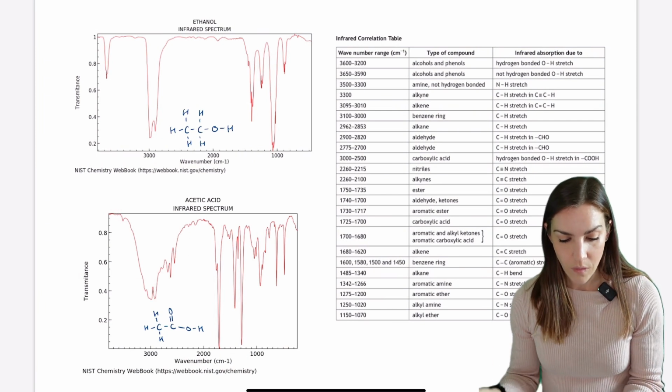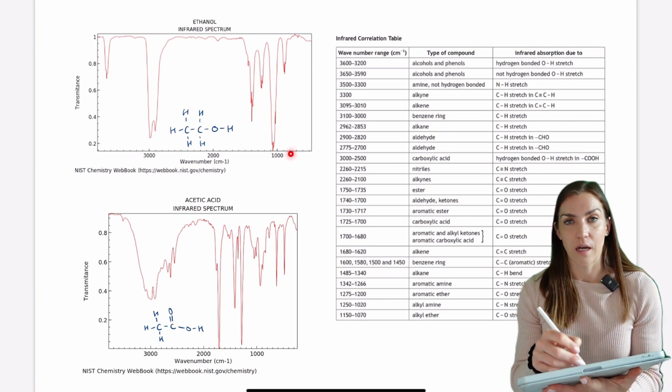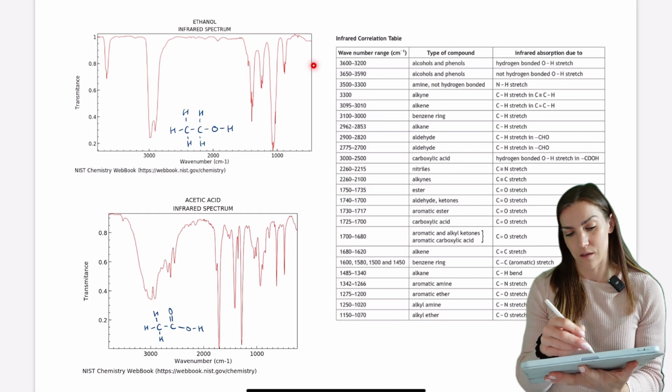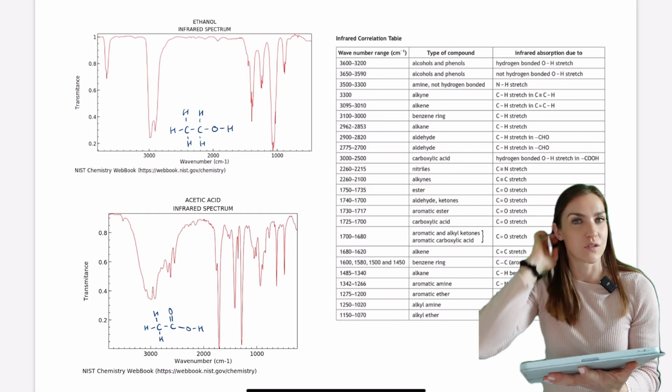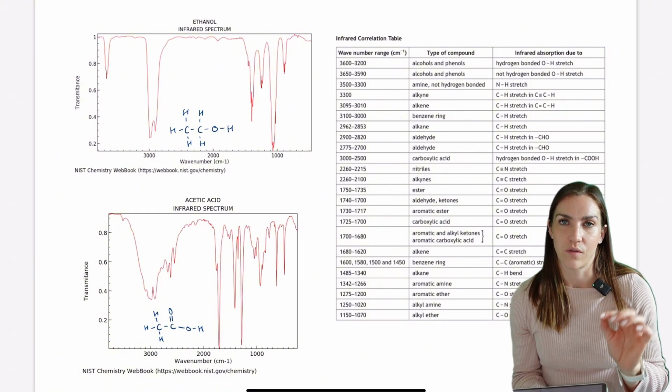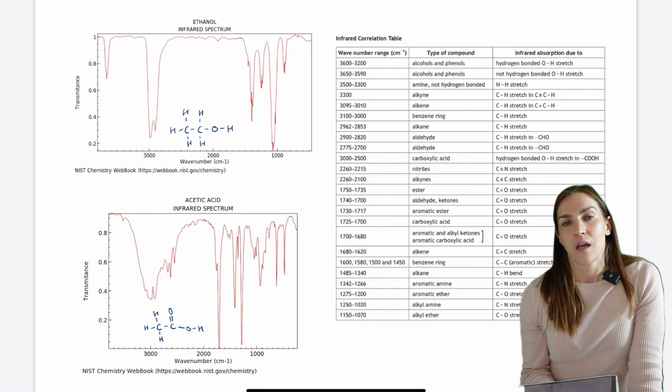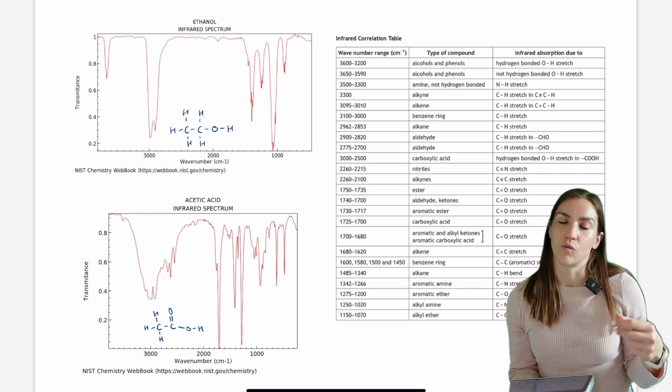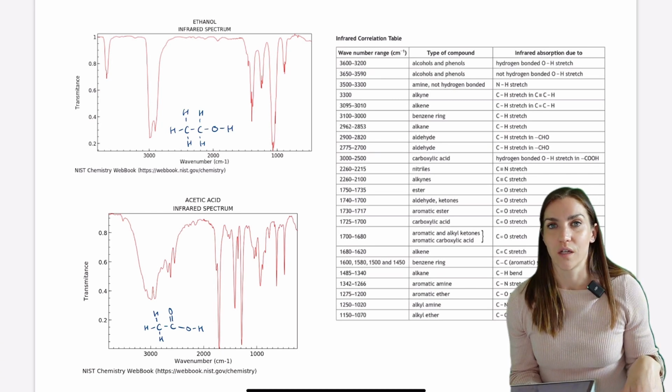This region of the infrared spectrum down the far right side is known as the fingerprint region, which is quite a detailed region. You get a lot of different specific peaks that can be used to more easily identify what your molecule is.